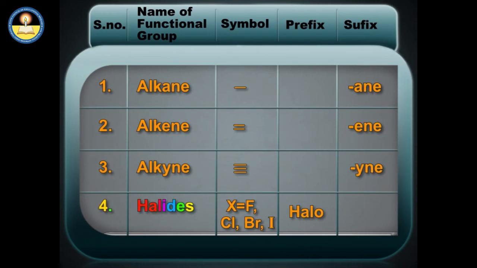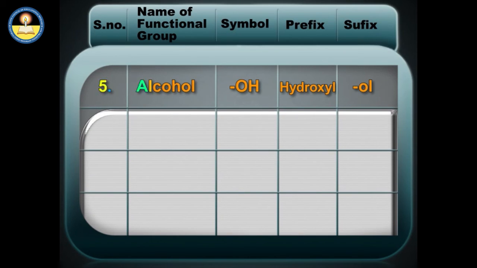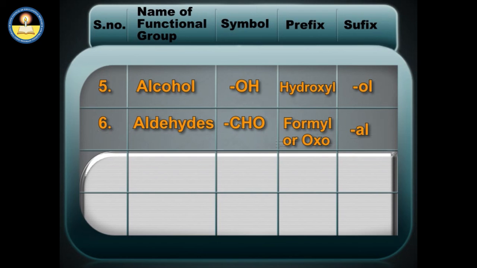For functional group halides, its relevant prefix is halo. For alcohol, its relevant prefix is hydroxy and relevant suffix is -ol. For aldehydes, its relevant prefix is formyl or oxo and suffix is -al.